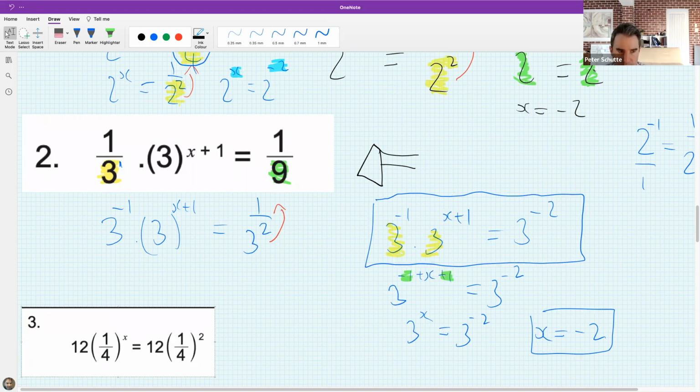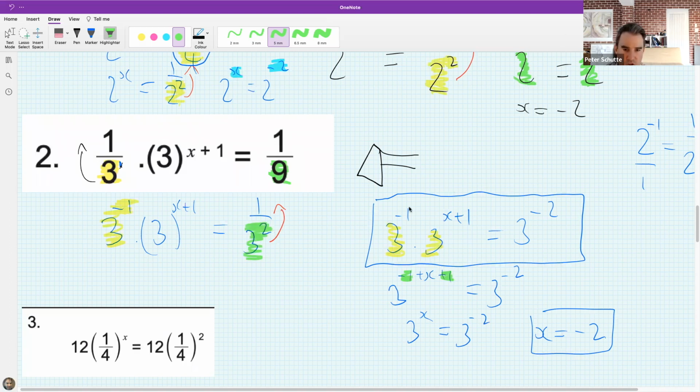So, okay, if you look at this question, let's go through it one more time. If you look at the third, the 3 to the 1 goes to the top and it becomes 3 to the minus 1. Okay, so that's this one over here. The 9, which is here, is 3 squared.